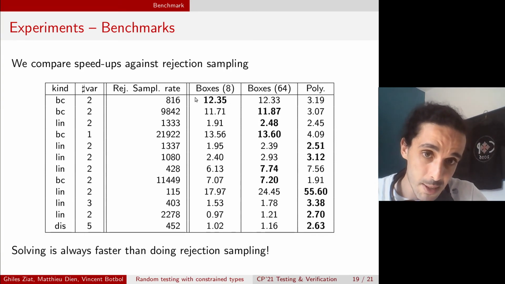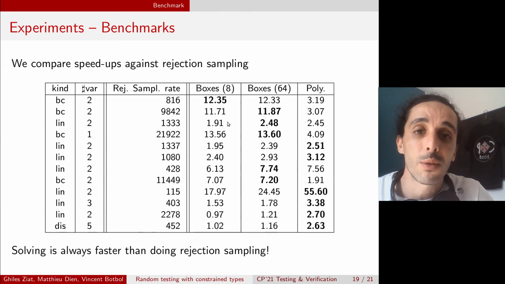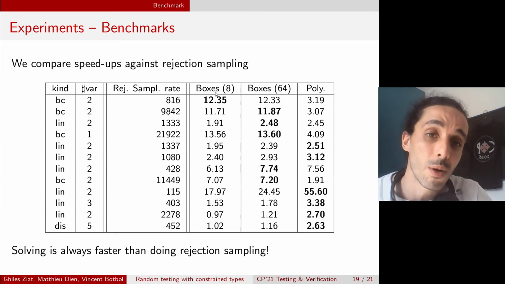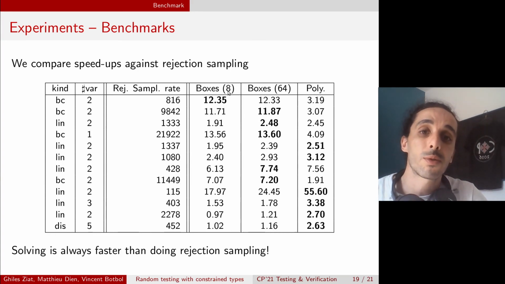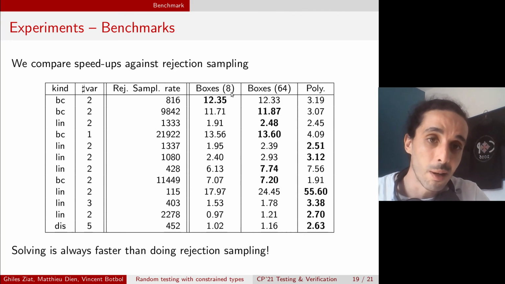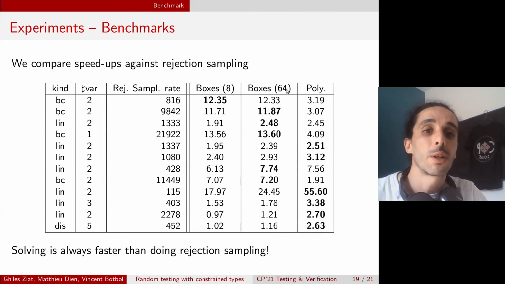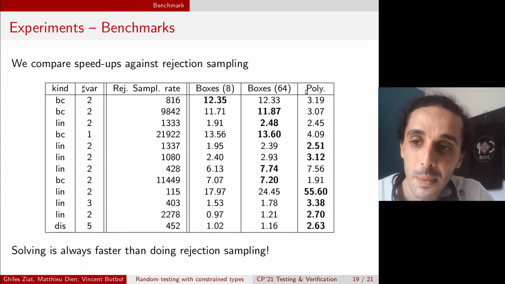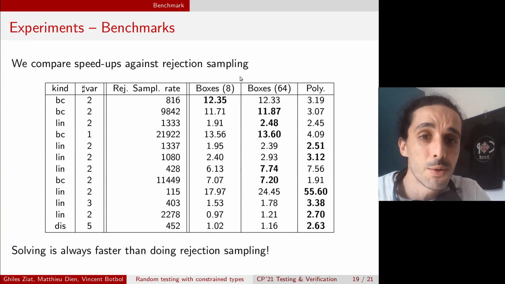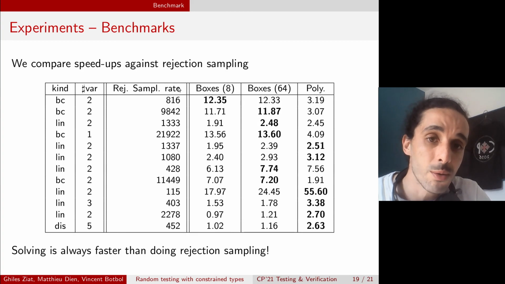What we can see is that using constraint solving with these three different configurations, that is boxes with a cover size limited to 8 elements, here the same thing but with a cover size limited to 64 elements, and here with polyhedra, the samplers are much faster.